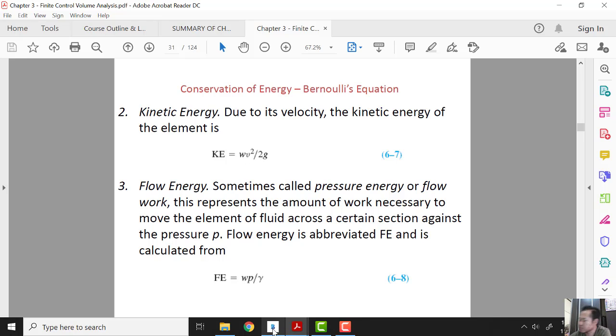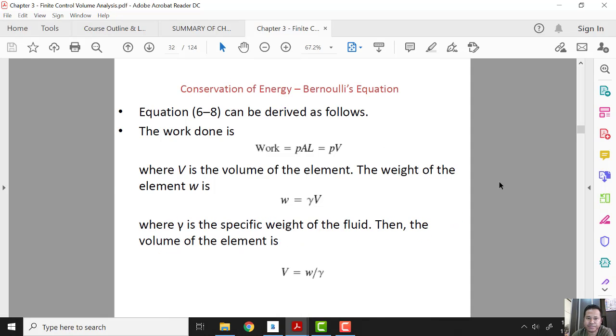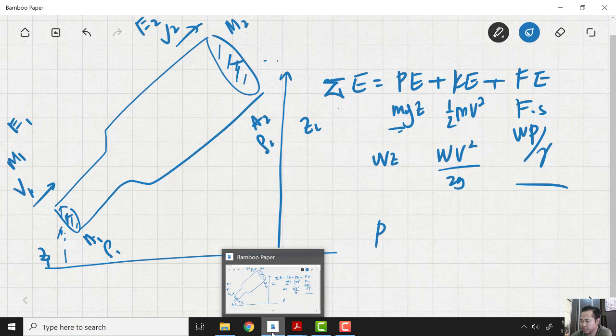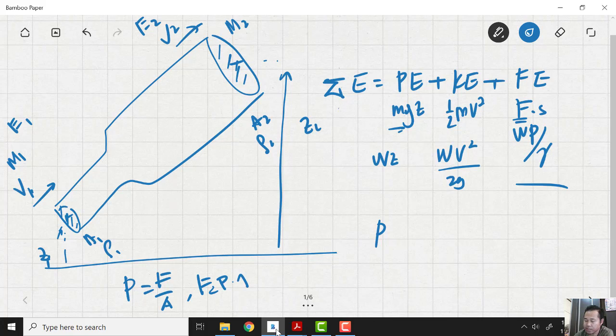So we have these three types of energy equations. Work, as I said before, comes from pressure. Work can be written as pressure times area times distance. Force in a fluid is found from pressure equals force over area, so force equals pressure times area.